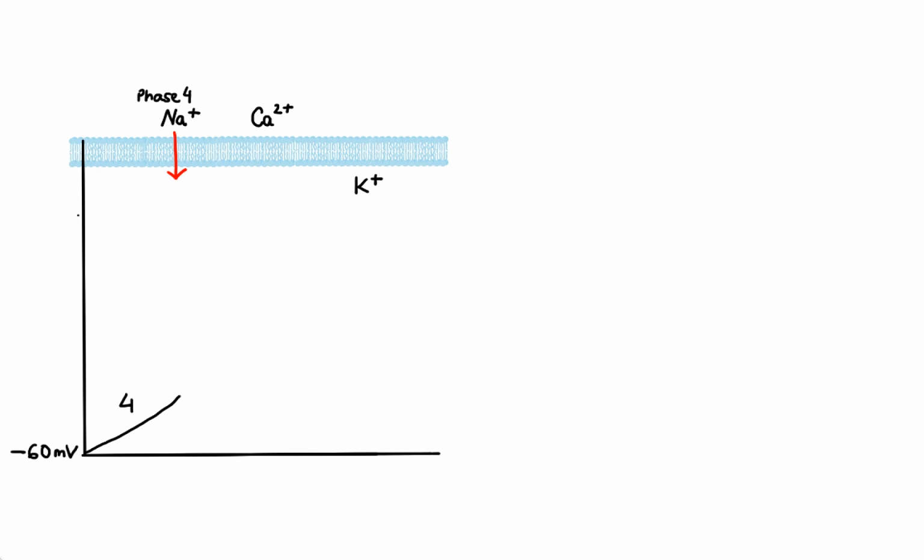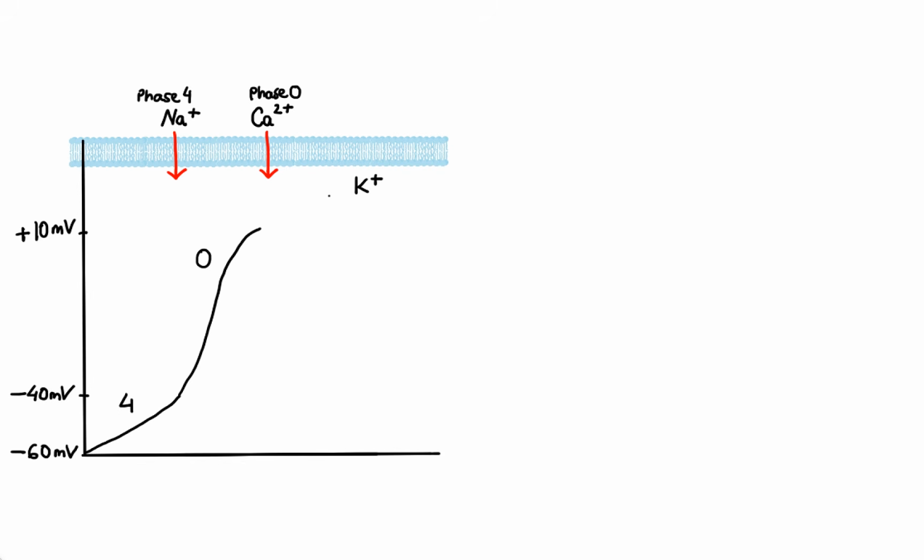Once threshold potential of about -40 mV is reached, the voltage-gated L-type calcium channels open, calcium rushes in, and rapidly depolarizes the cell to about +10 mV. This is referred to as phase 0.